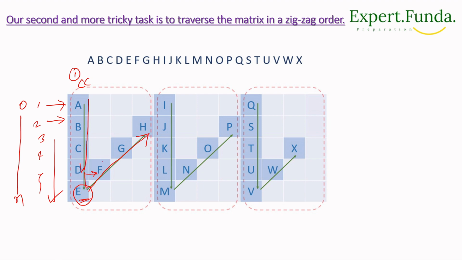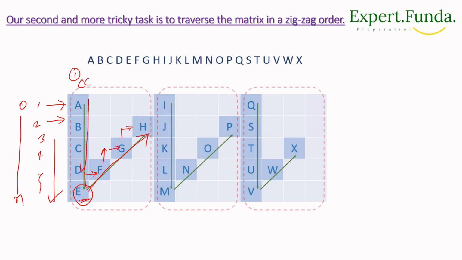Then we will increment the column by one each time. Once we reach here diagonally, we move one cell up and one cell right, and thus we increment the current column by one.